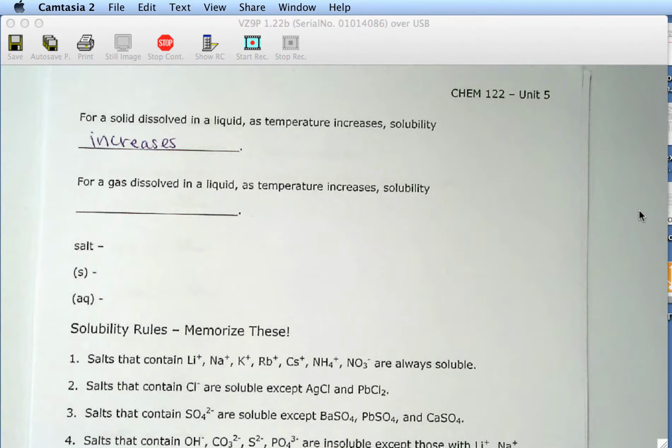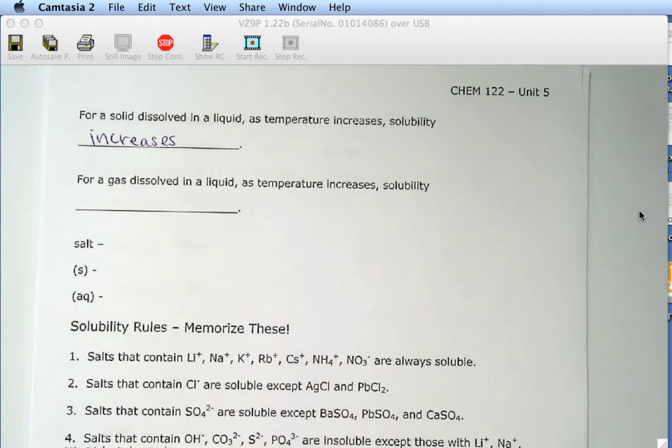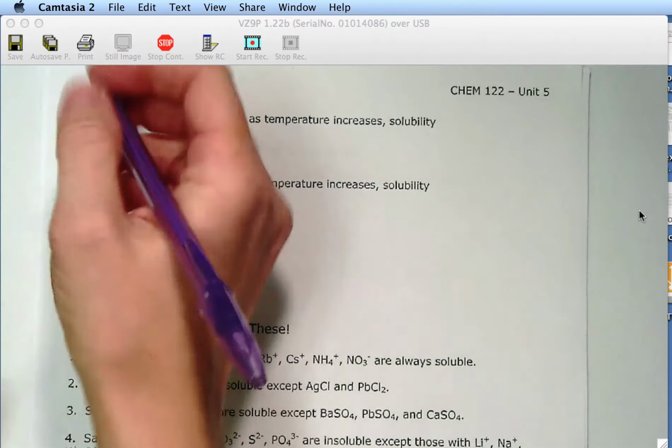If you had a choice about whether to leave your soda that you've just opened in a cold environment or a hotter environment, which is going to go flatter first? The hot, exactly. So for a gas dissolved in a liquid, as temperature increases, solubility decreases.